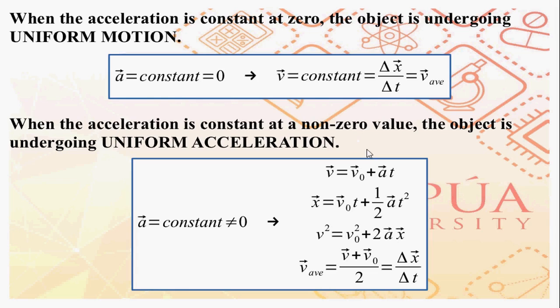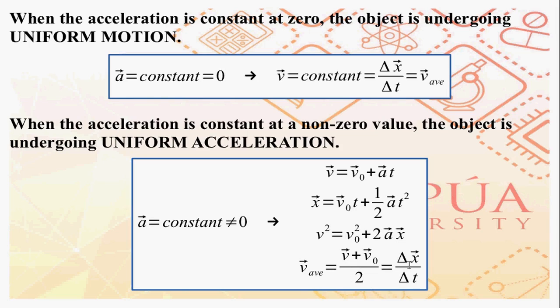And for uniform acceleration, you have four equations by which you may analyze the system. v = v0 + at. x = v0 t + 1/2 a t squared. v squared = v0 squared + 2ax. The average velocity is just equal to the average of the final velocity and initial velocity, so you have (v + v0)/2.